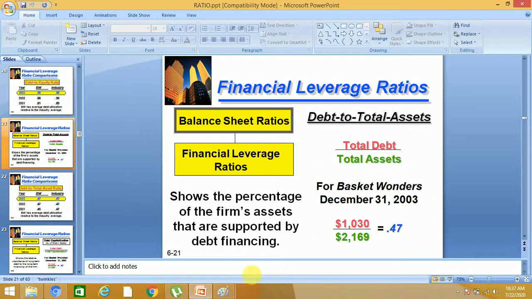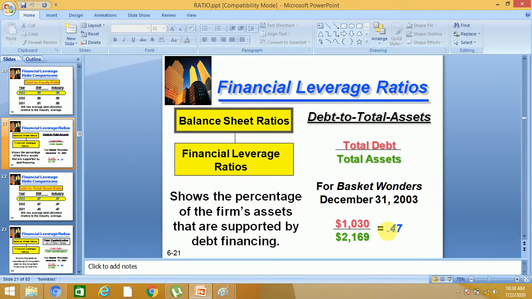Okay, now is it good? Is it bad? It depends. Depends on what? Depends on the profitability of the business. You took 47% loan. Why did you take the loan? We took the loan to expand our business, to increase the operations of the business.